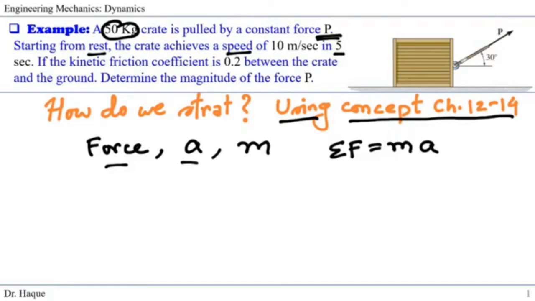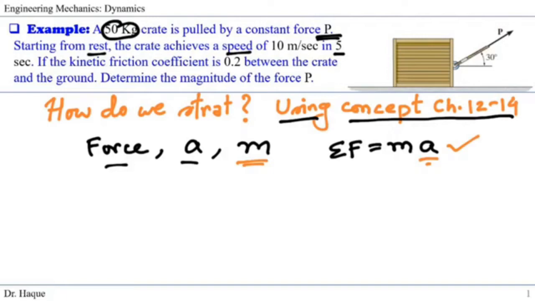So the next question is, how can we apply this equation to this problem? Or will the assumption that this equation can be used lead us to the solution? We don't know yet, but it looks like we have all the things we need for this equation, so we can proceed. First thing, we know our acceleration.